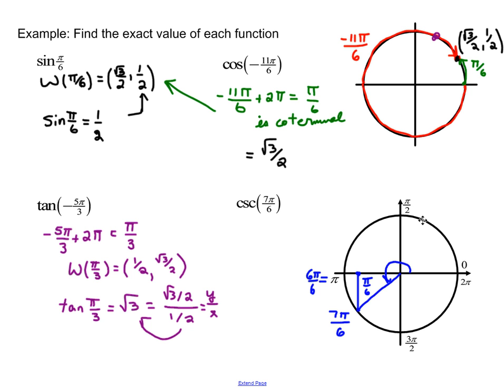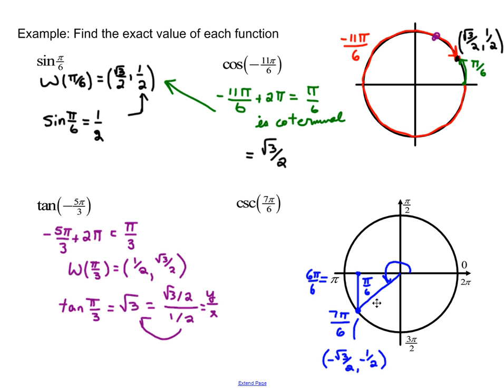So for that arc length, what would our wrapping function be? Well, it would be equivalent to what we would get for pi over 6, except now that we are in quadrant 3, our x-coordinate is negative, so negative root 3 over 2 for our x-coordinate, and of course our y-coordinate is negative, so that's negative 1/2.